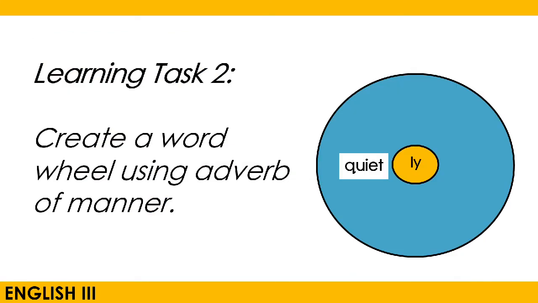Create a word wheel using adverb of time. I have here a picture of a word wheel. All you have to do is to list down different words from the wheel. As you can see, the ly is found at the center of the wheel. That is for learning task number 2.